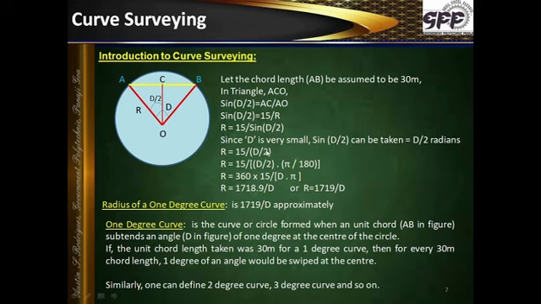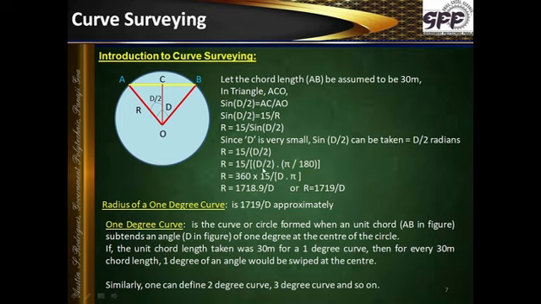Now we know that this is in radians, but most of our angles, whenever we are doing calculations, are defined in terms of degrees. So let me convert from degrees to radians. R becomes equal to 15 divided by d by 2 into pi by 180. Now this d is in degrees.